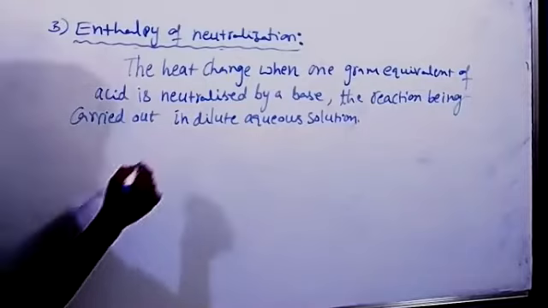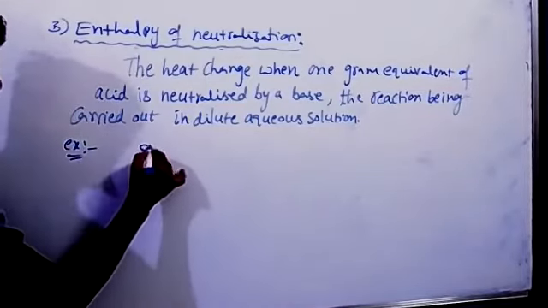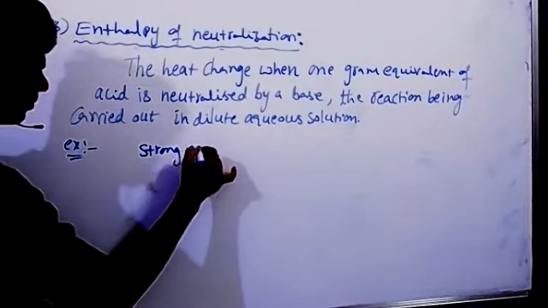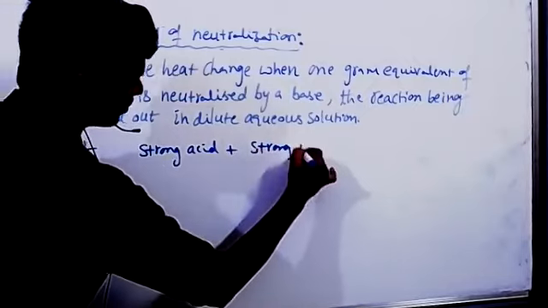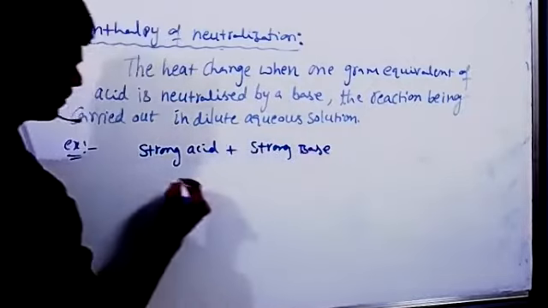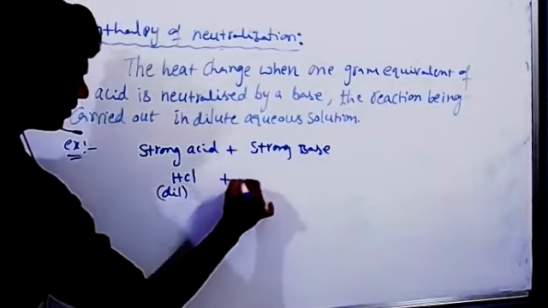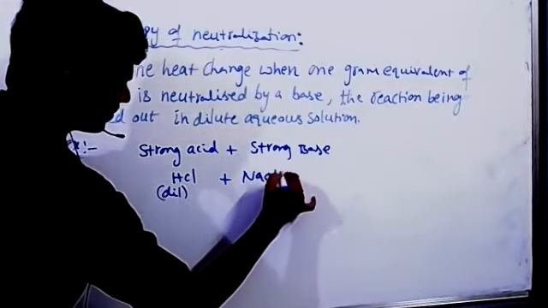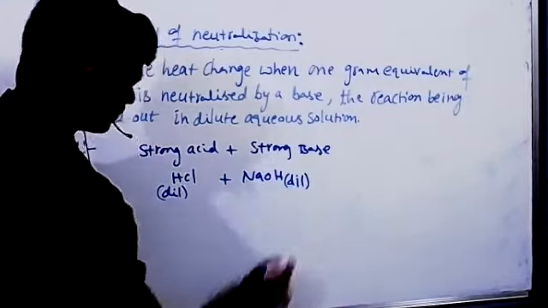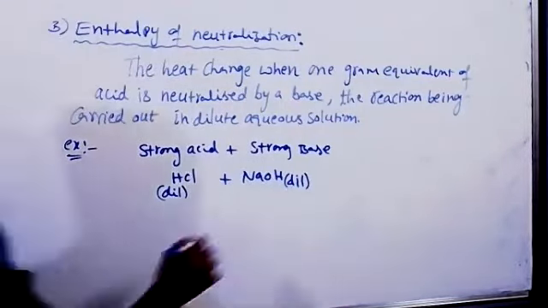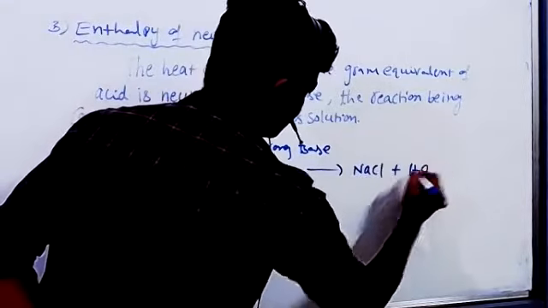Suppose a neutralization between a strong acid and a strong base. The strong acid is HCl, dilute, we have to take dilute solutions, and NaOH, also dilute, giving NaCl plus H2O.